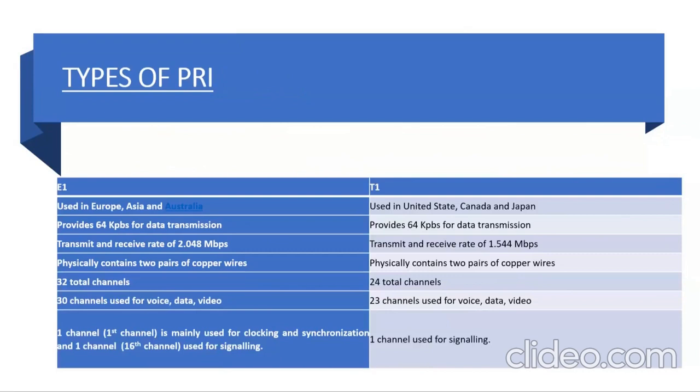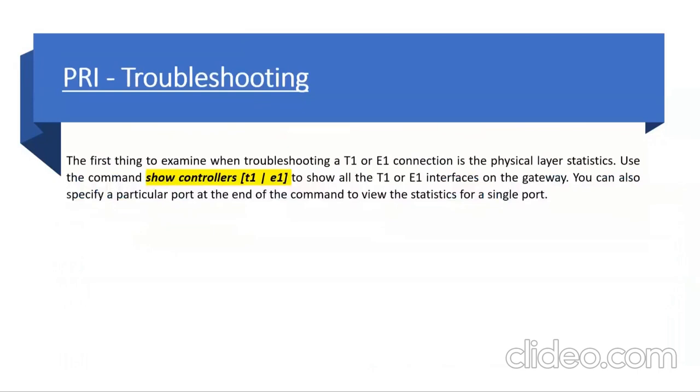We'll also see how to troubleshoot layer 1 and layer 2 of the PRI. Let's start the layer 1 troubleshooting. The major commands that we use to troubleshoot or check the status of PRI in a Cisco voice router are show controller T1 or E1 and show ISDN status.